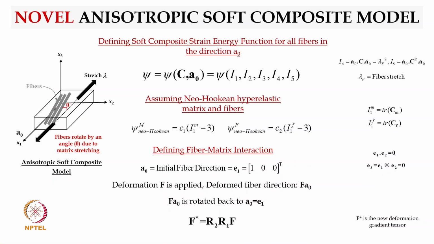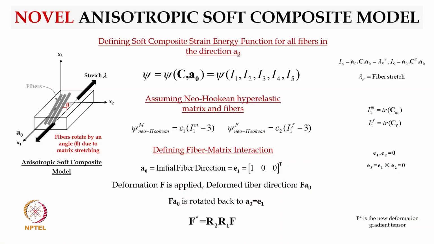Next, we define the fiber-matrix interaction. The way this is defined is through some matrix transformations, some rotations, which, if you are interested to read about, you can look at in the publication which I'll refer to. So anyway, we start with A naught, the initial fiber direction, which is given by E1, which is usually a unit vector. 1 0 0 means there is just a unit stretch along the x axis, and 0 0 means no stretch along the other axes, from a matrix or vector description.